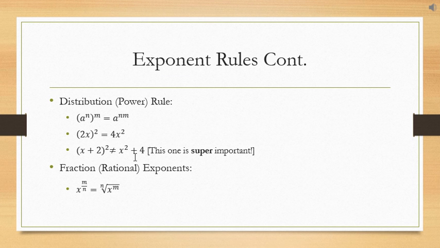The final rule that we're going to talk about is what I call fraction exponents, but again, on Google, they're often referred to as rational exponents. This is when we have an exponent that is not a whole number. Instead, we represent it as a fraction. Here we have x to the m divided by n power. This is one of those links between different fields of mathematics.